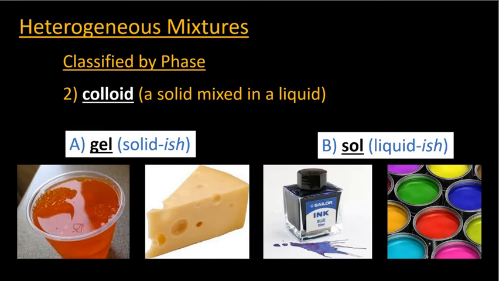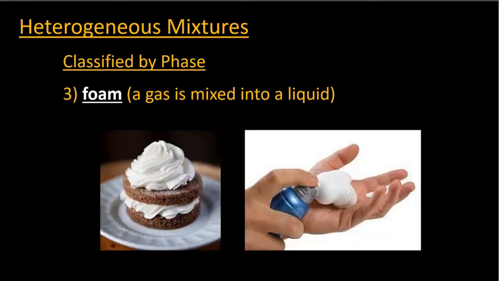Okay, the third classification is a foam. And this is where you have a gas mixed into a liquid. Okay, if you've ever made whipped cream, you know you start out with cream, which is a liquid, and all you do is you beat it until you get enough air bubbles trapped in it so that it makes this whipped cream. Okay, that's the same way it works with shaving foam.